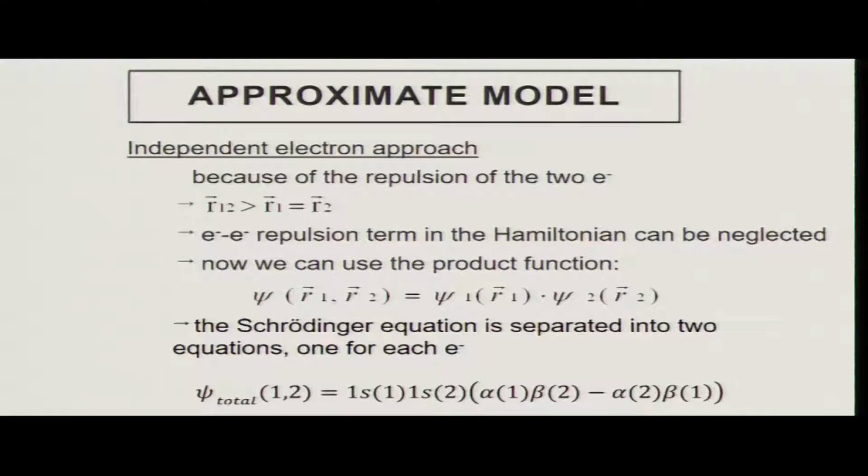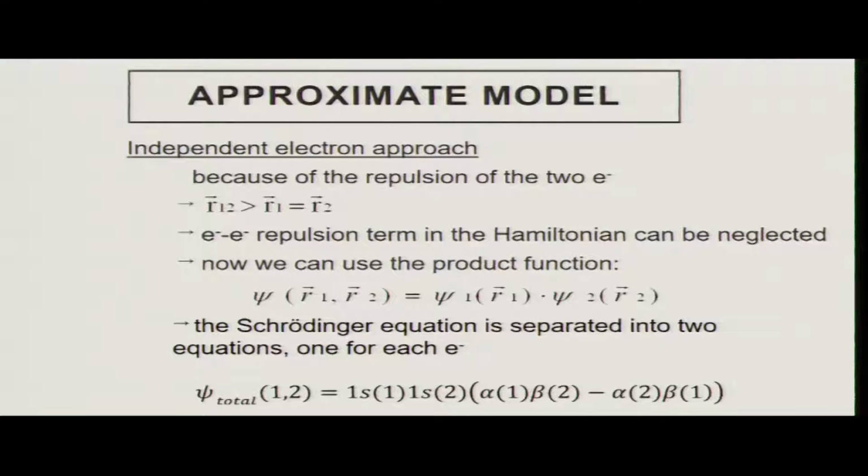Due to Pauli's exclusion principle, the total function is antisymmetric: when the spin flips from one to the other, the sign changes, and therefore we have this antisymmetric relationship between them.